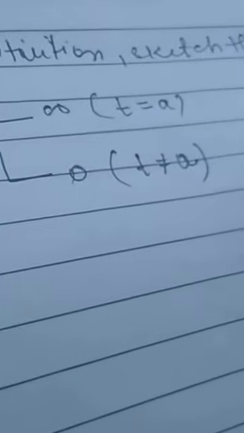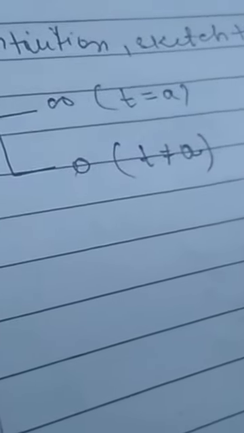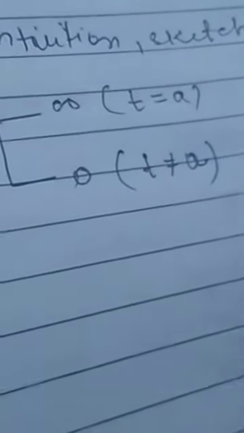This is a very simple function whose graph is somewhat like this. It follows a straight path, then a sudden instant height, and then again a straight path. This is because the starting point and ending point are always minus infinity to plus infinity, and this peak that we see here is nothing but a.